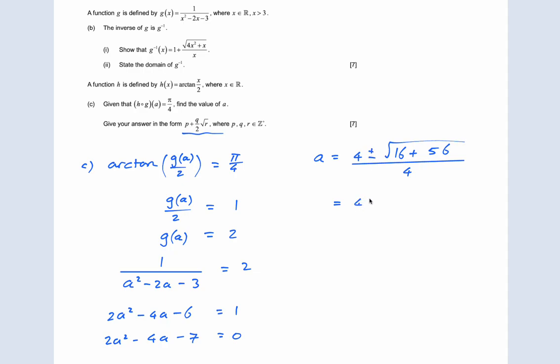So I'm assuming everyone can do this. Okay, so it's 4 plus or minus the square root of 16 plus 56, which is 72. So that's root 72 over 4, equals 4 plus or minus.